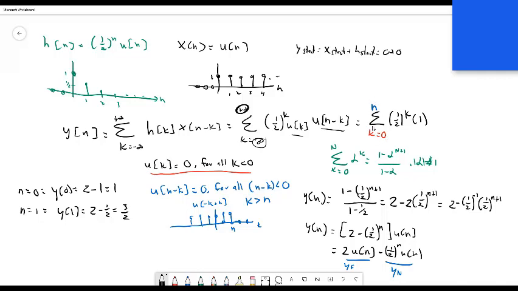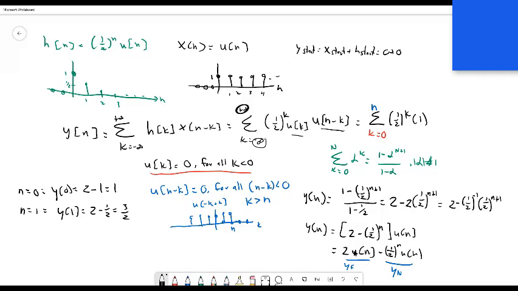Then you'll have some kind of finite summation, hopefully one that you have a formula you can look up in a textbook to come up with. Those kind of cases are the ones where you can actually get analytical solutions, functions of n, that are a result of our convolution.